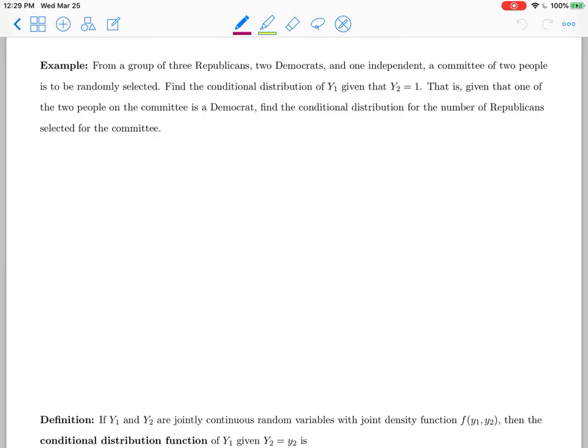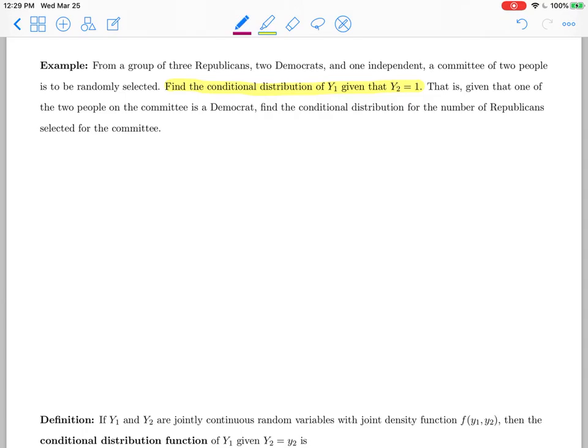Right? That's our goal: the distribution of the number of Republicans on the committee, given that there is 1 Democrat on the committee. Given one of the 2 people on the committee is a Democrat, find the conditional distribution of the number of Republicans on the committee.